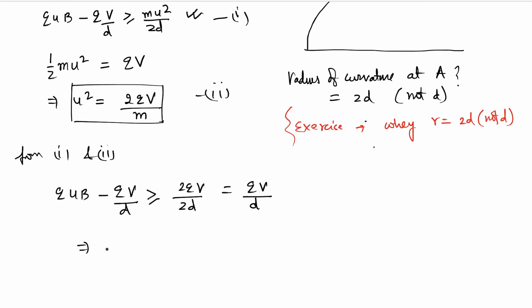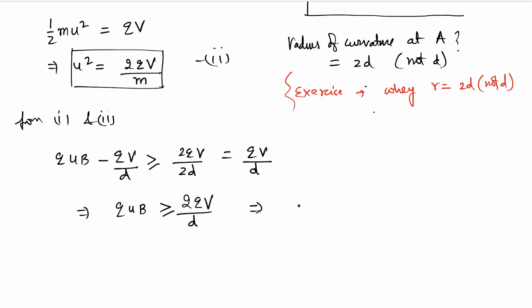Therefore, we have this case here where quB is greater than or equal to 2qV by d, right? Or that means that uB is greater than 2V by d.